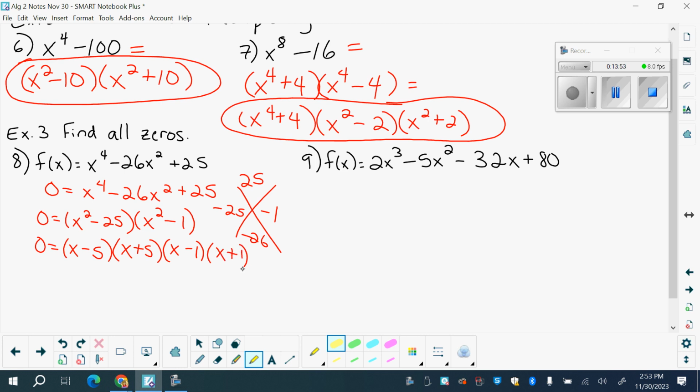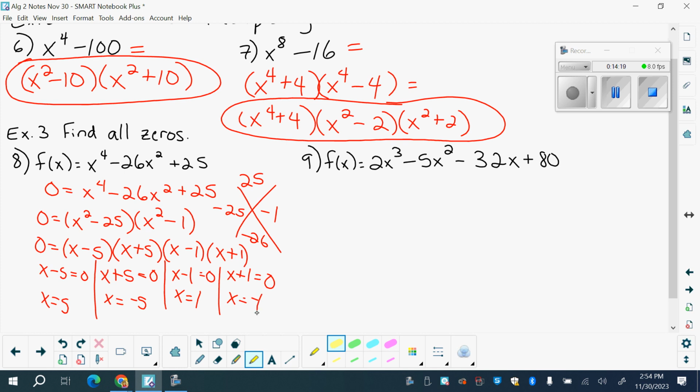So now we've got to do the easiest part, which is zero product property, setting each one equal to 0. We get 5, negative 5, 1, negative 1.